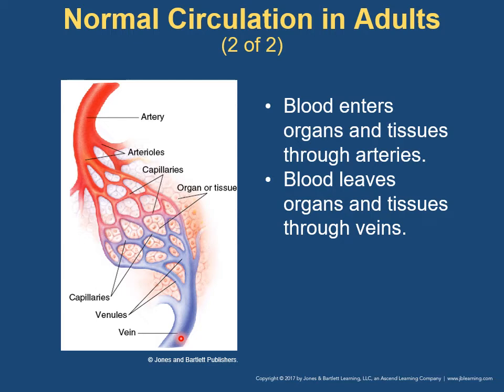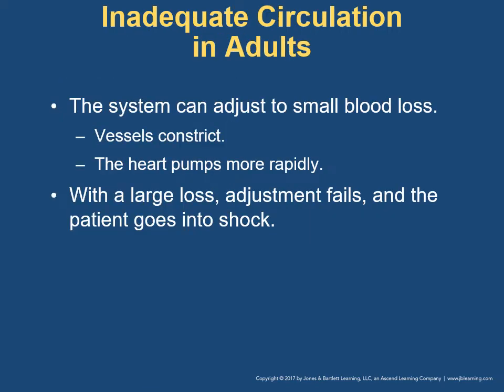So the system can adjust to compensate for small blood loss. Vessels will constrict and the heart will pump more rapidly. But with a large blood loss, adjustment fails and the patient goes into shock. What is shock? Shock is hypoperfusion.